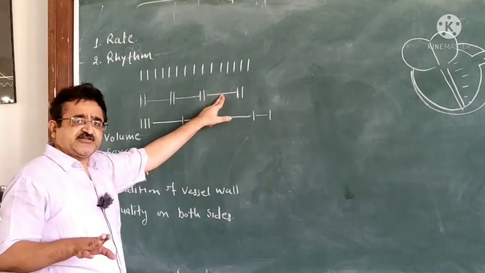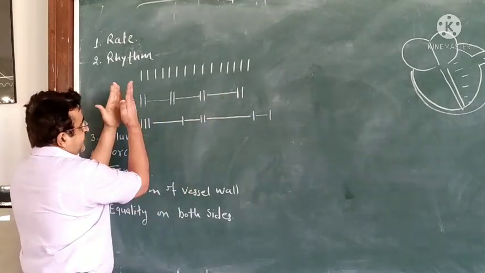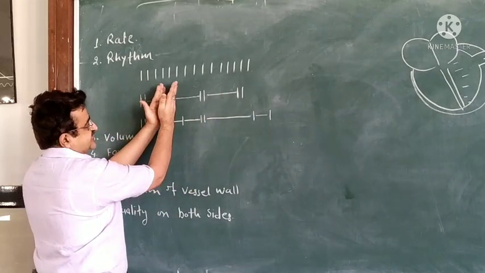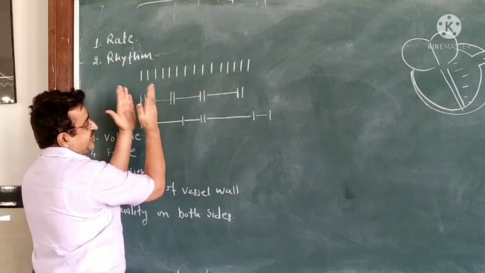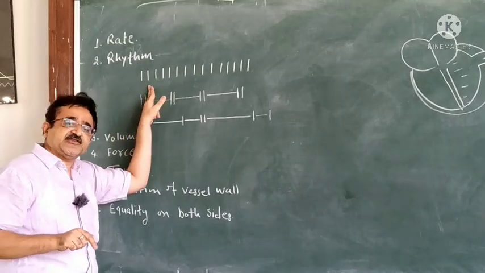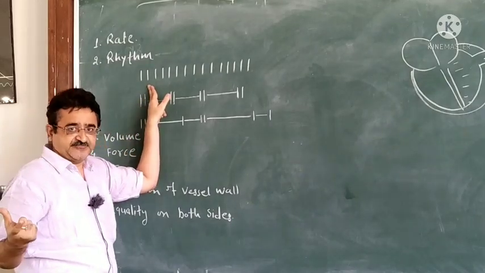Now in the irregular rhythm, two types of irregularity are there. If the heart is beating and suddenly there is a cessation of beating, again there is beating, again cessation, and if this is fixed, then such a type of irregular rhythm is known as regularly irregular rhythm.